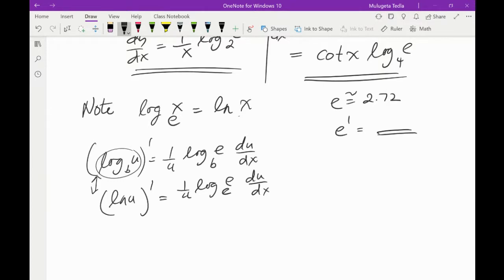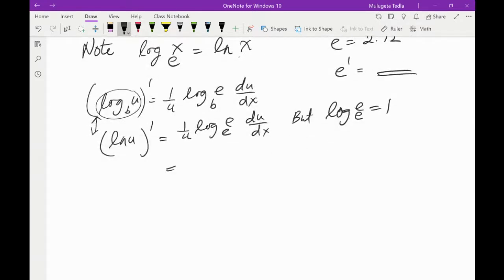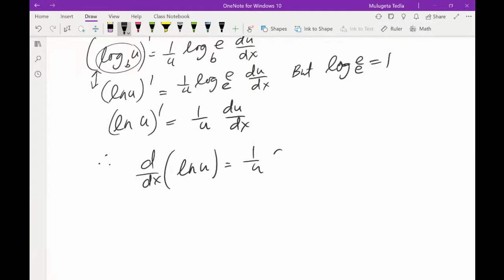But we know log of e to the base e is equal to 1. The logarithm of a number to the same base is always 1. So it becomes an easier version: 1 over u du by dx. Therefore, d by dx of ln of u is the second formula, 1 over u du by dx.